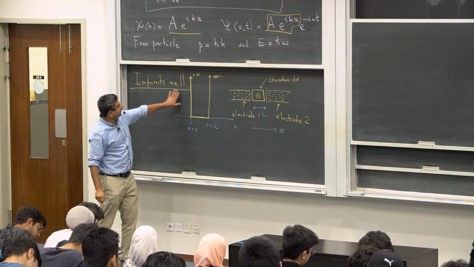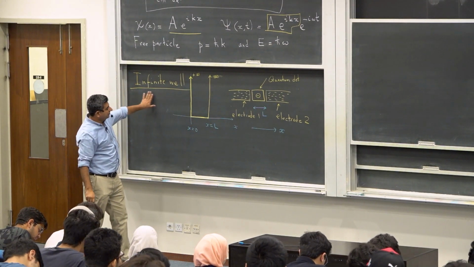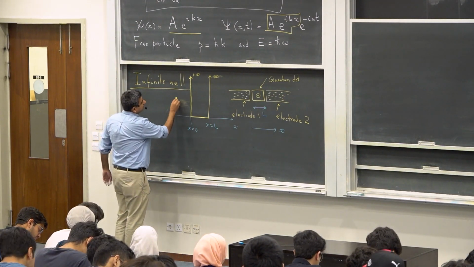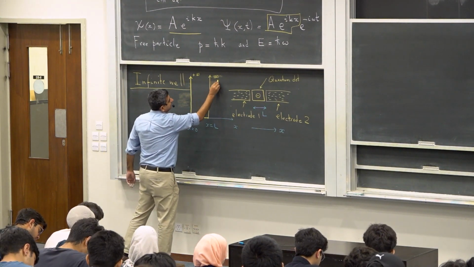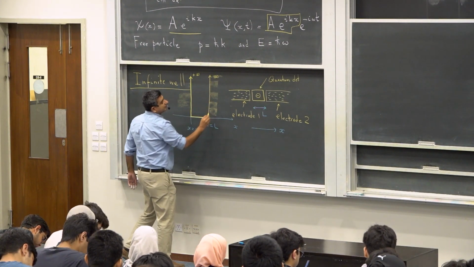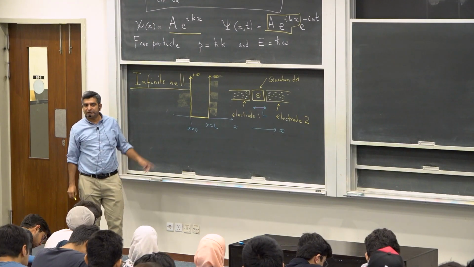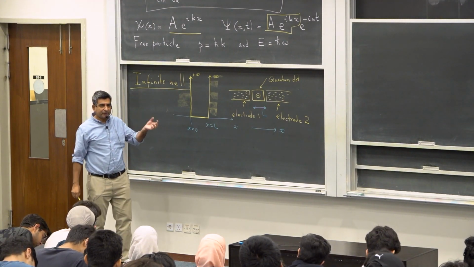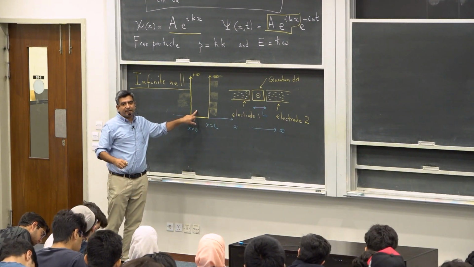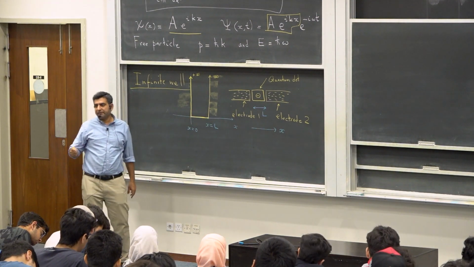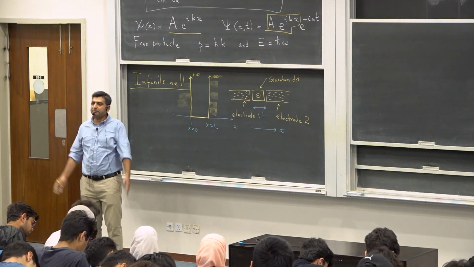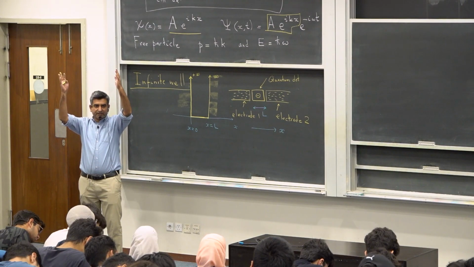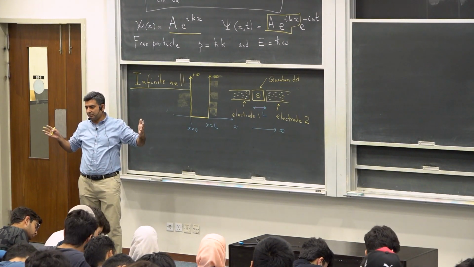It's infinitely high in this regime, and it's infinitely high over here. So this is an example of an electron that is trapped inside a well. We call it an infinite well because of these impenetrable, very large potential energy barriers that surround the electron.